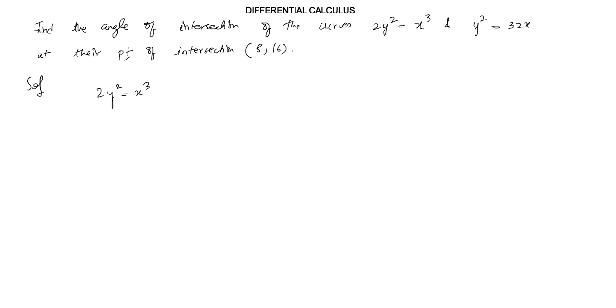When you differentiate with respect to x, we get 4y dy by dx is 3x squared, and then dy by dx is equal to 3x squared divided by 4y.